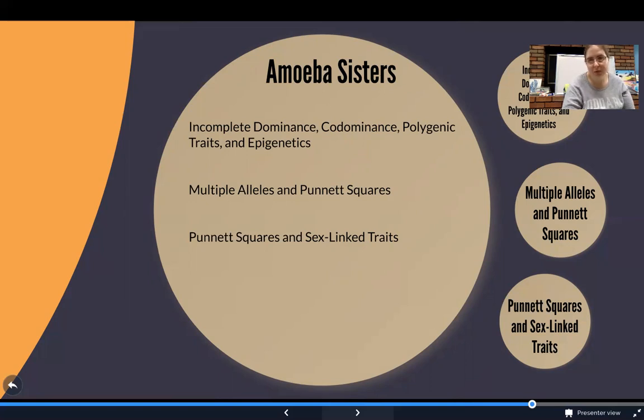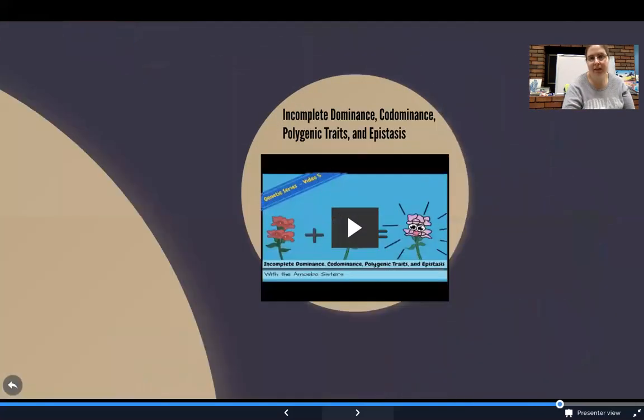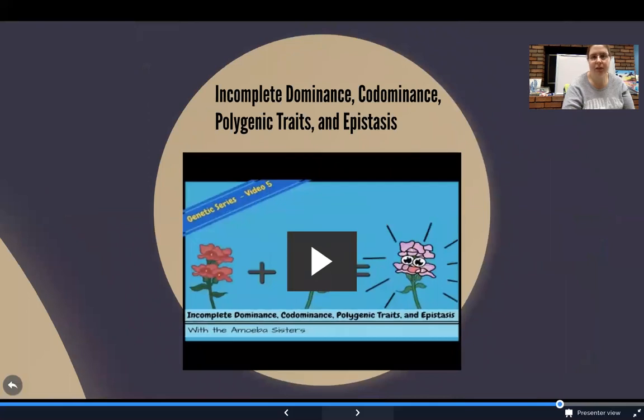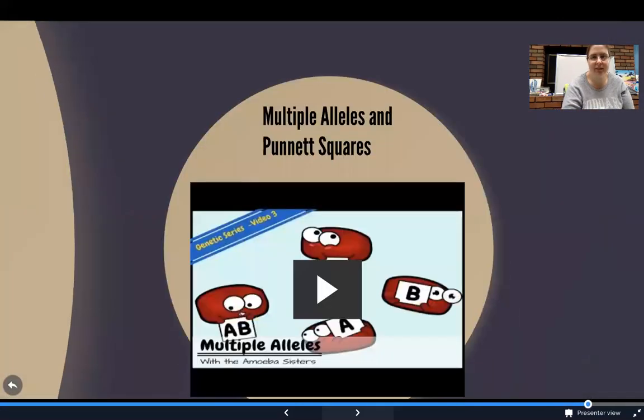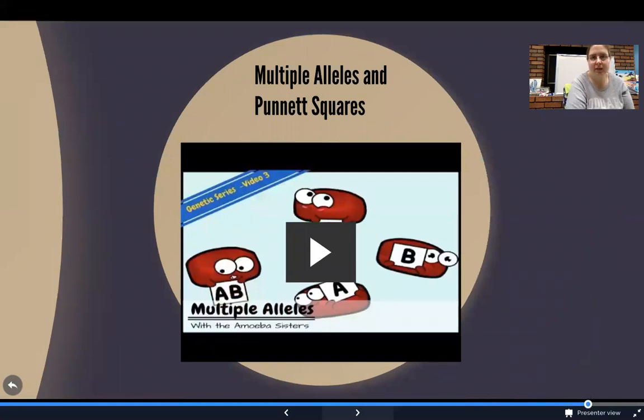We have some other resources as well. We have Amoeba Sisters, where it looks at codominance, incomplete dominance, polygenic traits, and epistasis. And then we have another Amoeba Sisters video looking at multiple alleles. It looks like they focus on blood type as well, including a discussion on how to do the Punnett squares.